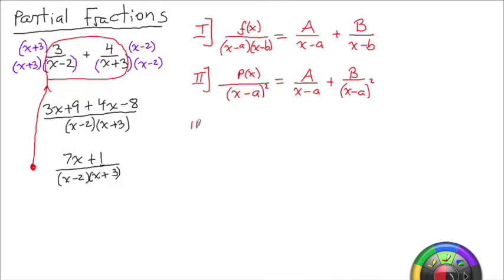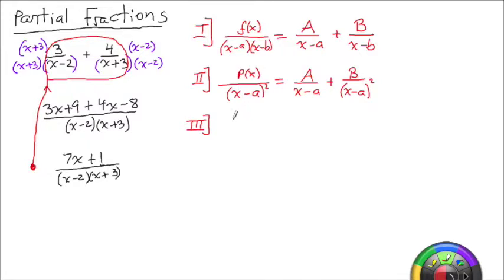The third possibility, oh, by the way, I forgot to say this, the polynomial on the top has to be a smaller degree than the polynomial on the bottom, the denominator. So the degree down here is 2, so the degree of f of x has to be 1. Again, the degree down here is 2 after you square it all out, so p of x here has to have a degree of 1.